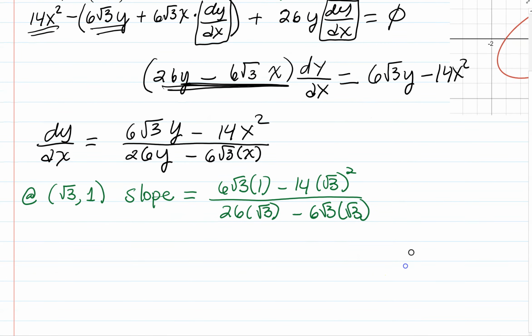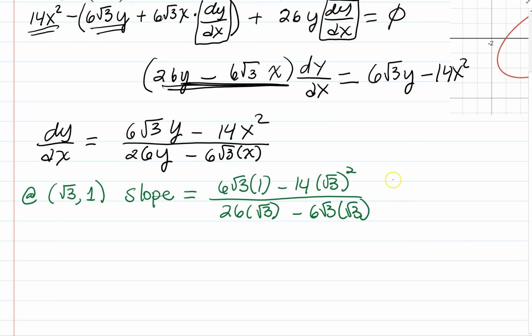We are looking at 6 square root of 3 minus 14 times 3, because the square root is squared: 42 minus 42, all over 26 square root of 3 minus 18.